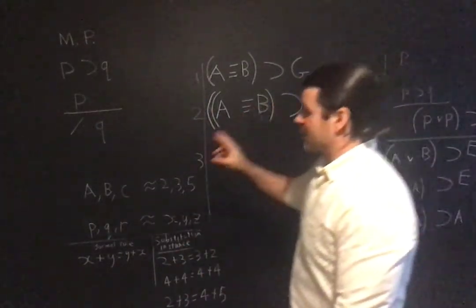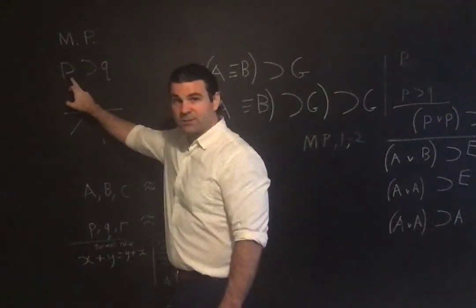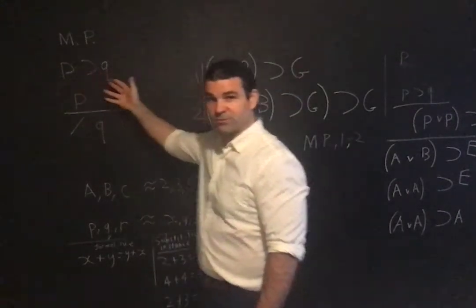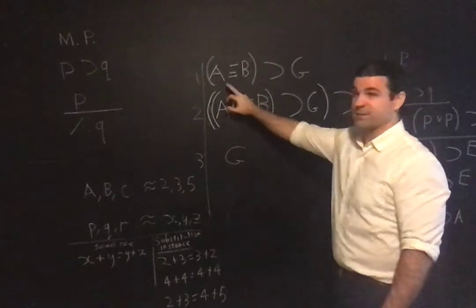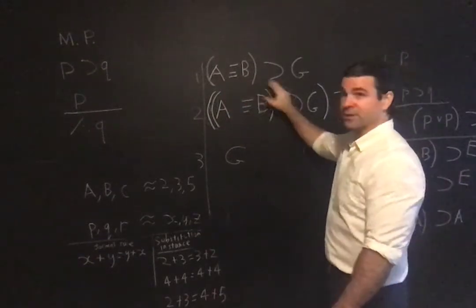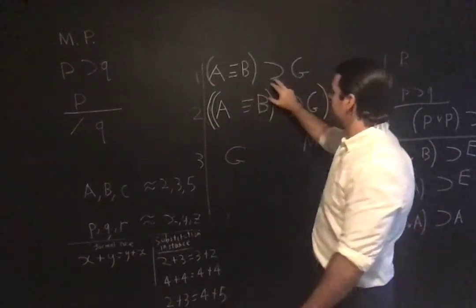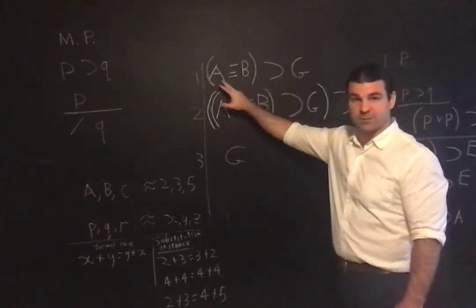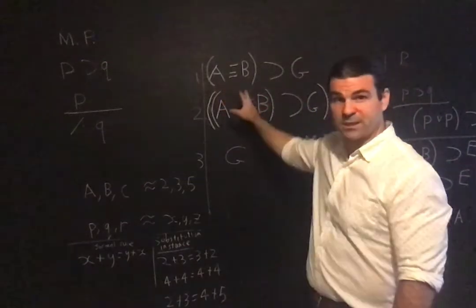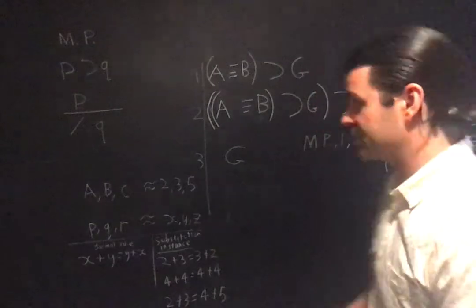Okay, so the basic elements of forms are statement variables or sentence variables. The basic elements of particular statements are statement constants. A, B, C, they refer to particular English sentences.